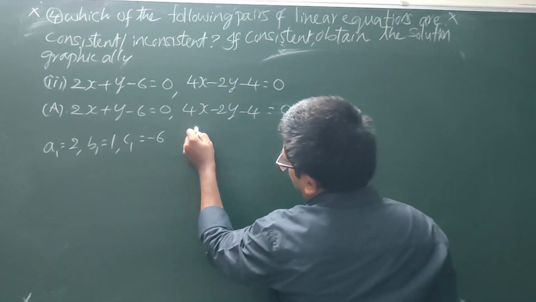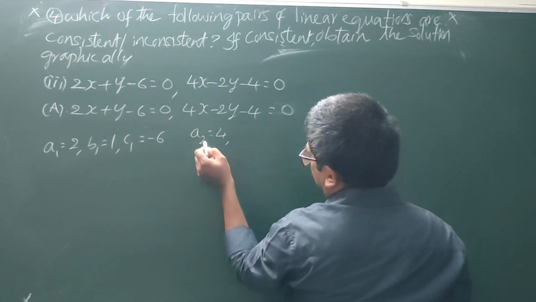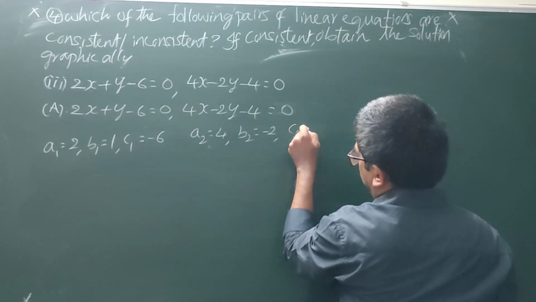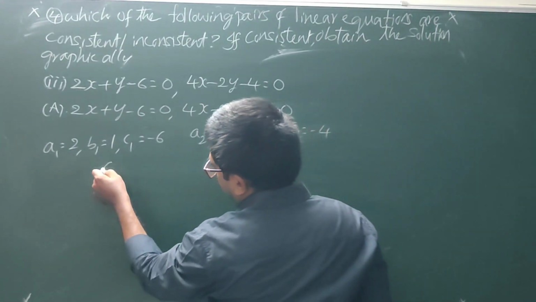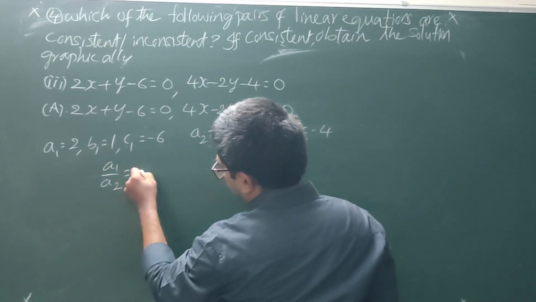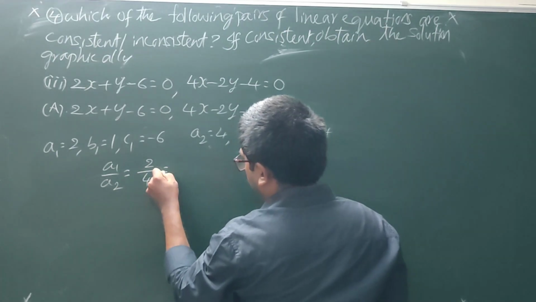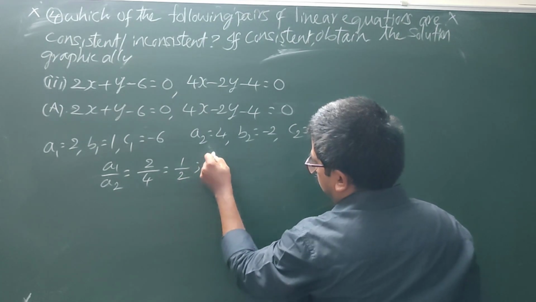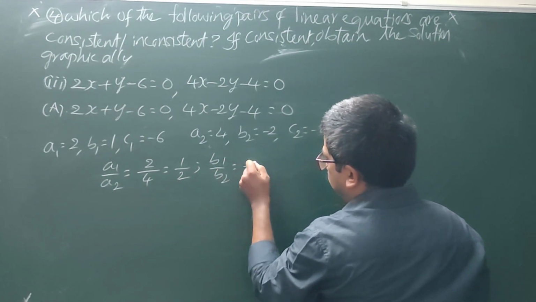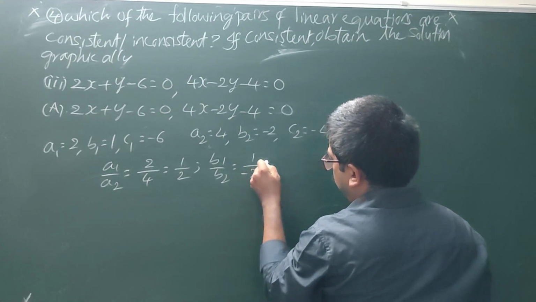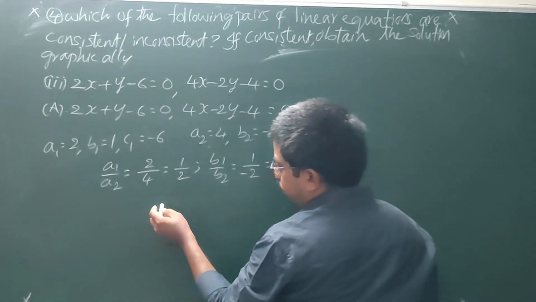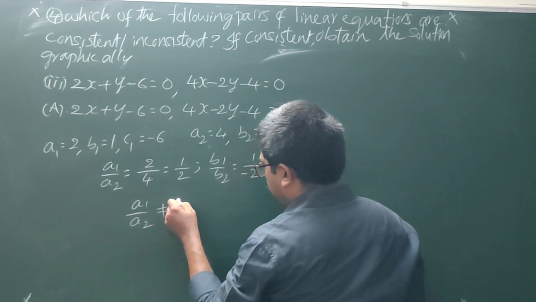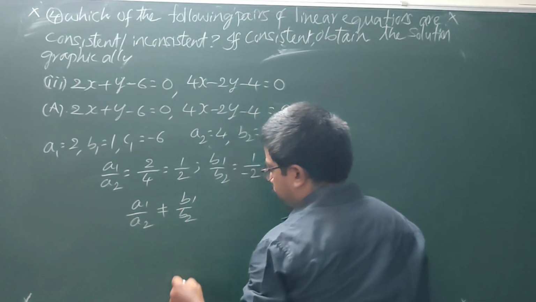Next, a2 equal to 4, b2 equal to minus 2, c2 equal to minus 4. a1 by a2 equal to 2 by 4 equal to 1 by 2. b1 by b2 equal to 1 by minus 2 equal to minus 1 by 2. We can observe a1 by a2 not equal to b1 by b2.